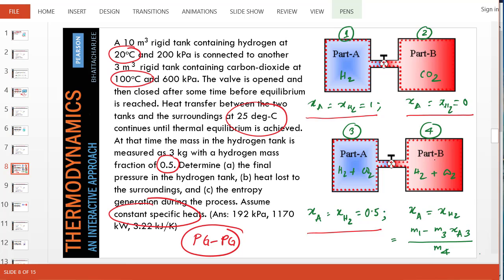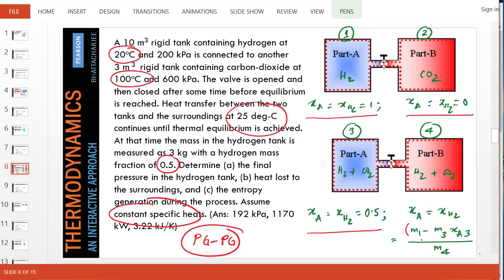So we can calculate the hydrogen mass fraction for tank B, state 4, by using the logic of how much hydrogen really escaped from tank A. How do we do that? The original mass of hydrogen in tank A was M1, the mass at state 1, pure hydrogen, minus how much is left. The mass of hydrogen in tank A at state 3 is M3 times XA at state 3.